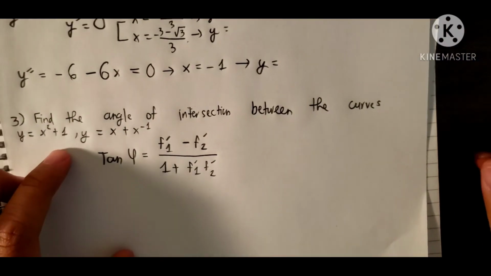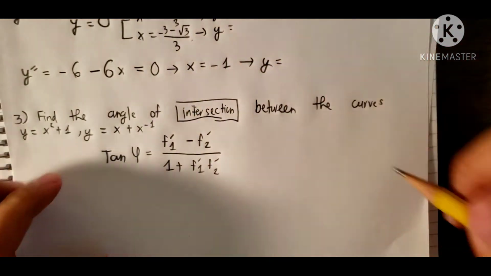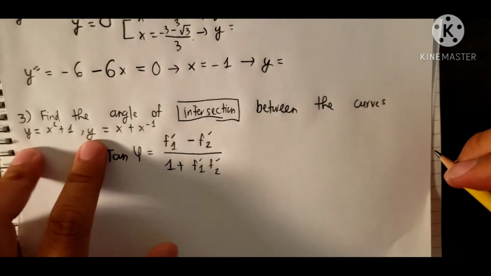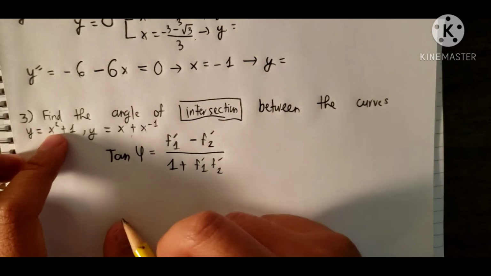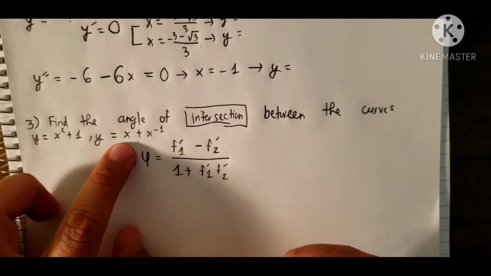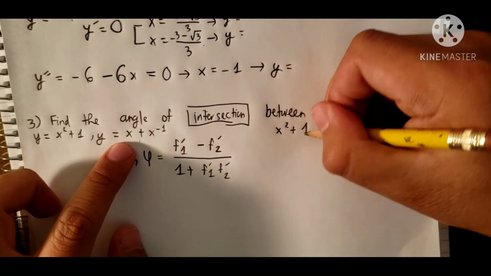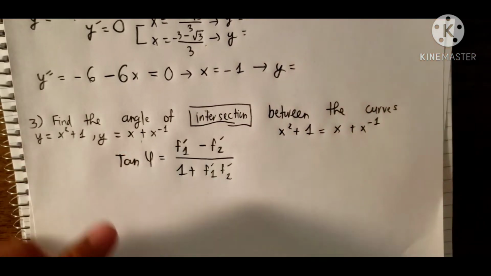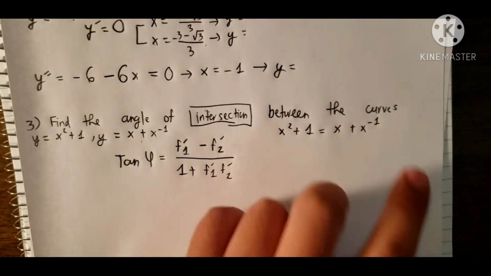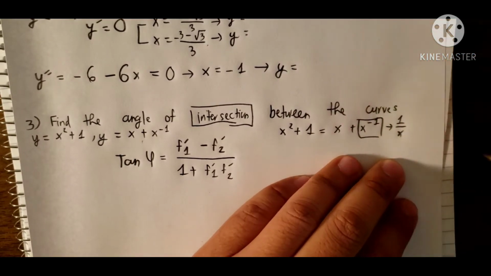And in here, we need to find the intersection first. If we want to find intersection of two equations, we put the first equation equal to the second equation. So we have x power 2 plus 1 equal to x minus 1, x minus 1 is about 1 divided by x.